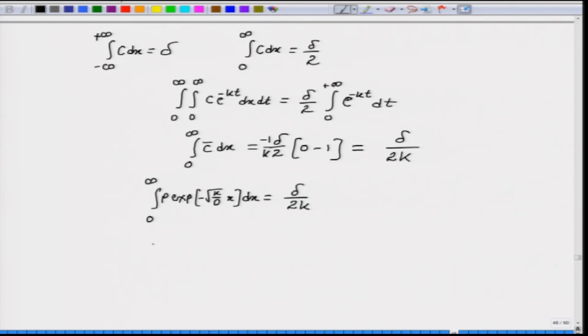So, this comes out to be minus p root d by k, exponential minus infinity is 0, exponential 0 is 1, is equal to delta by 2k, or p is equal to delta by 2 root kd. Now, with the similar treatment on the left hand side, we can show the q will also be the same.